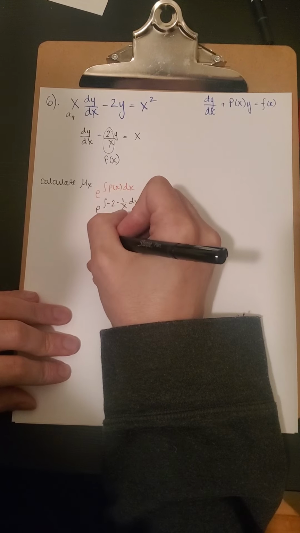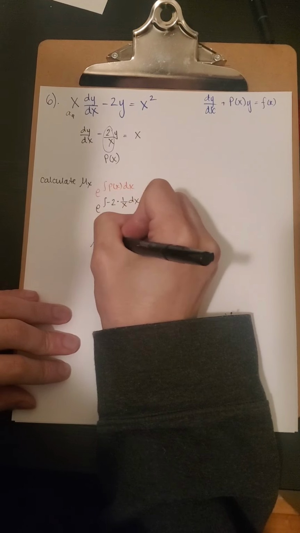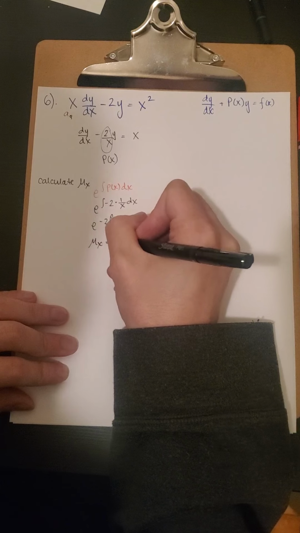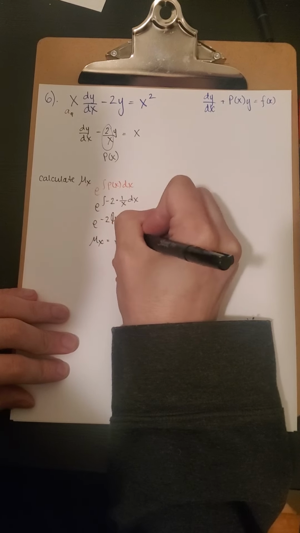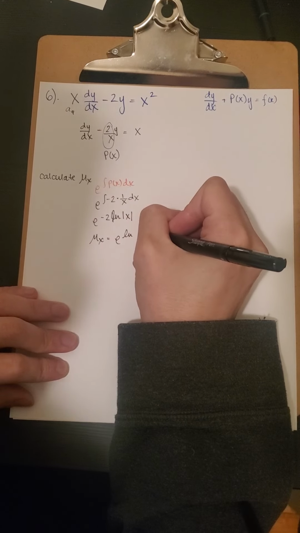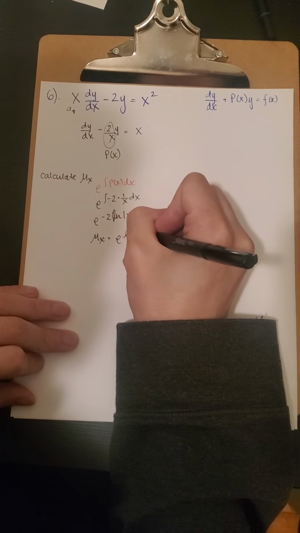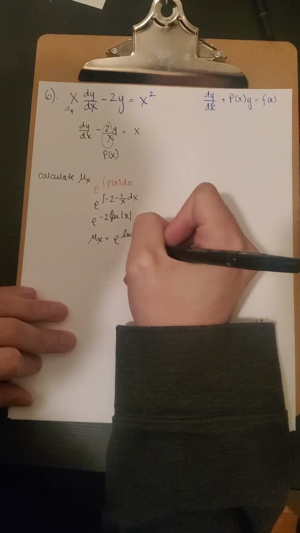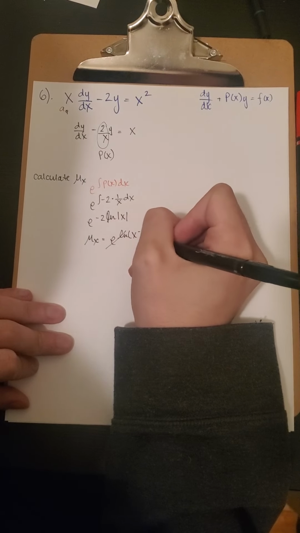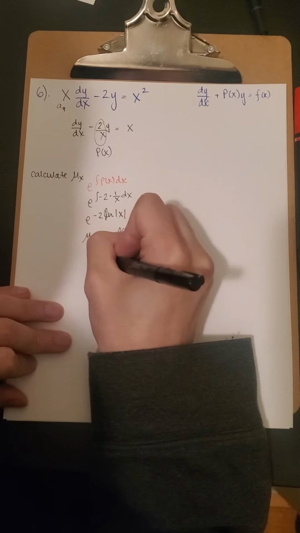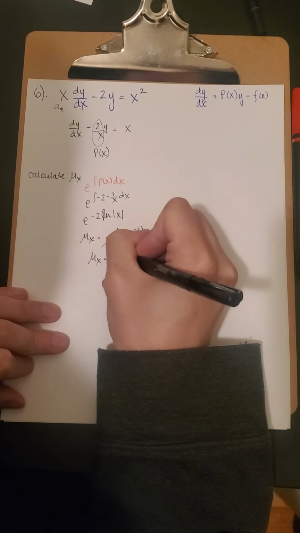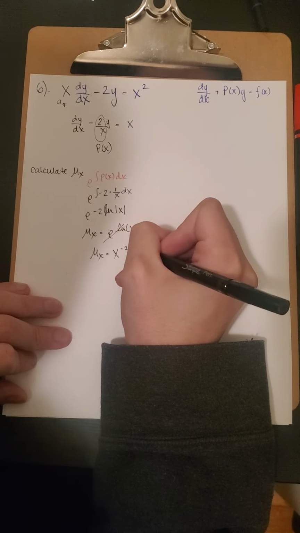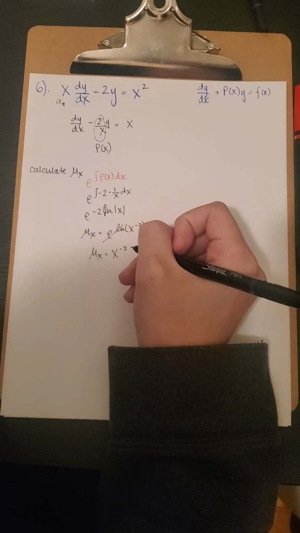So mu of x equals e to the ln of x squared, which is pretty useful because e to the ln will just cancel out. You get mu of x equals x to the negative 2 power.